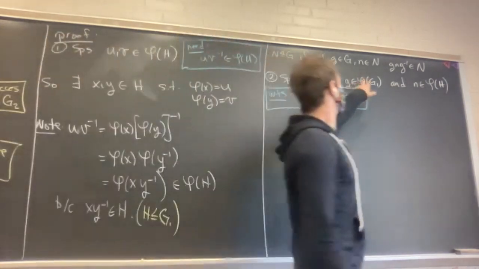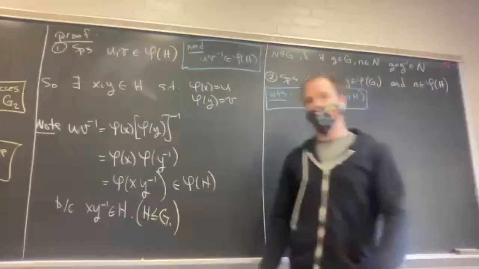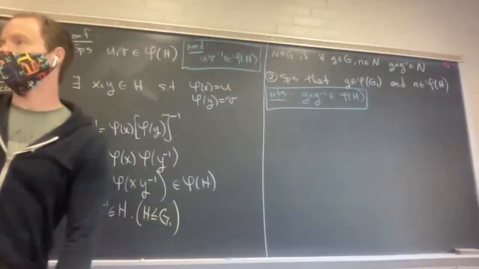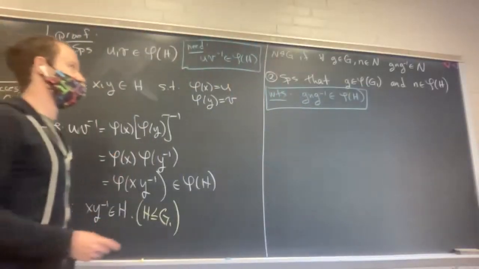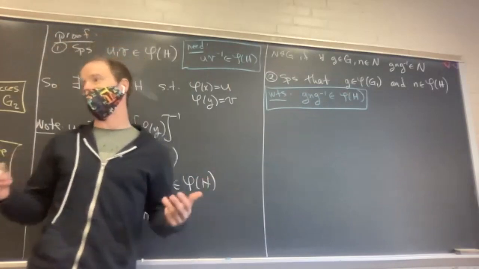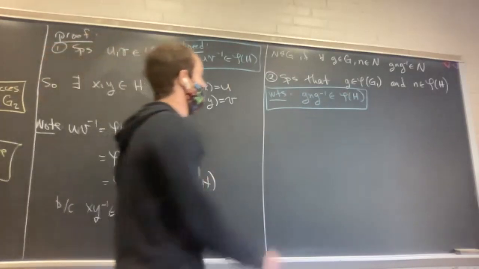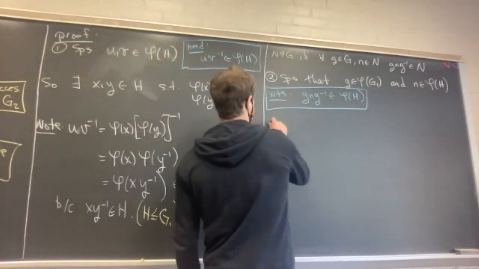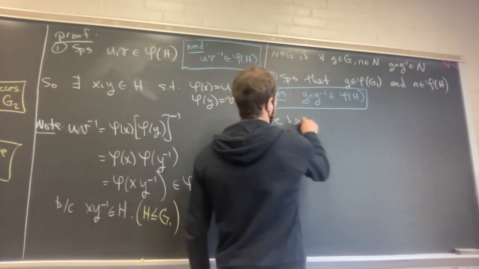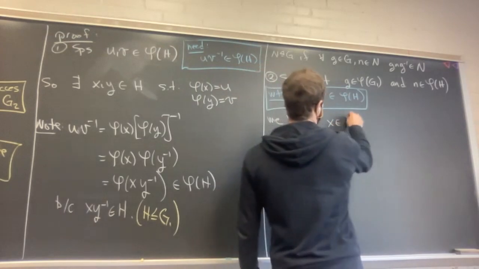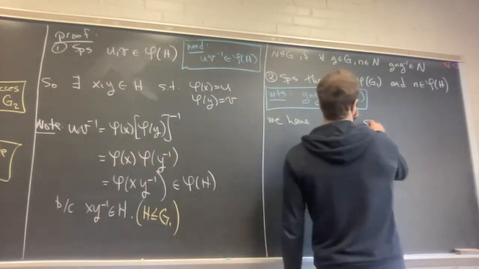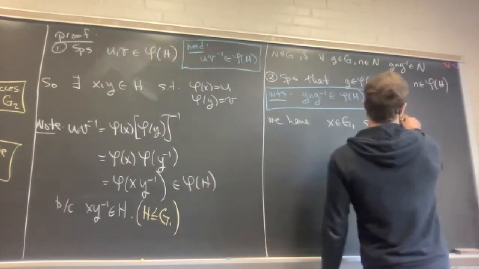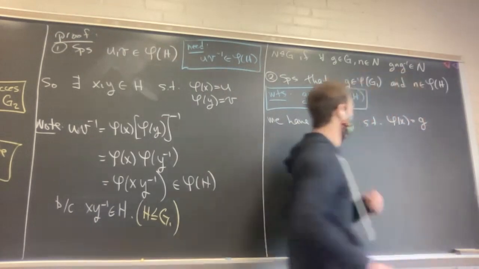Well, we can use the fact that g and n are in those images, right? And what does it mean to be in the image of a subset? Well, really just a subset, but here we've got more structure, obviously. So then we have, maybe we'll call it x in G1, such that phi of x equals little g.